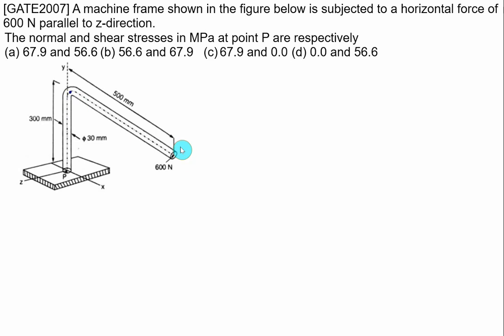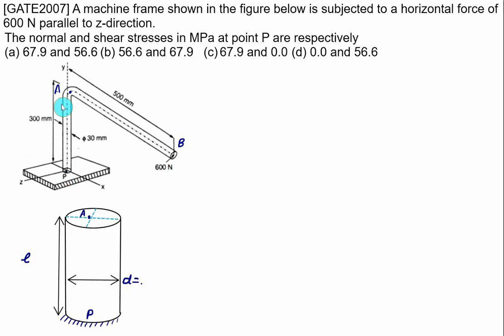Let's say this point is B and this point is A. So first you have to transfer the force from point B to point A. Since here the line of action will be changed, the force will be shifted as it is, and one torque will be developed at point A, because in this plane the torque will be developed by the force F. So we will show here a vertical bar A to P, and our diameter is given as 30 mm and the length will be equal to 300 mm.